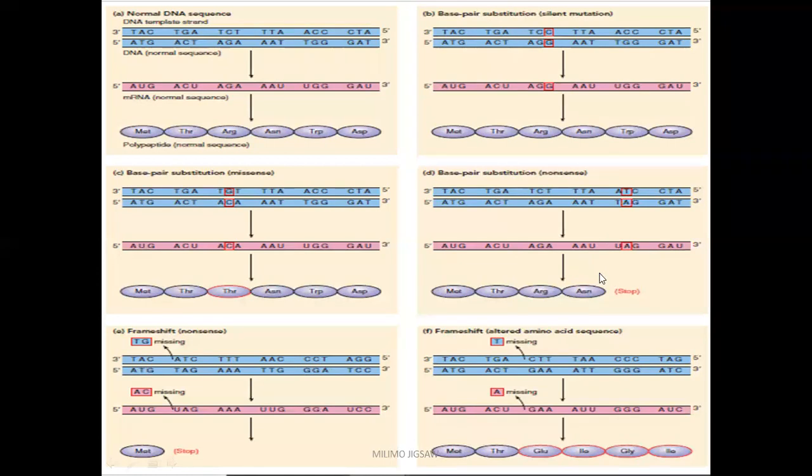And so such a mutation is what is known as a stop or a nonsense mutation. It's given this name of nonsense because it does not make sense to the translation apparatus.